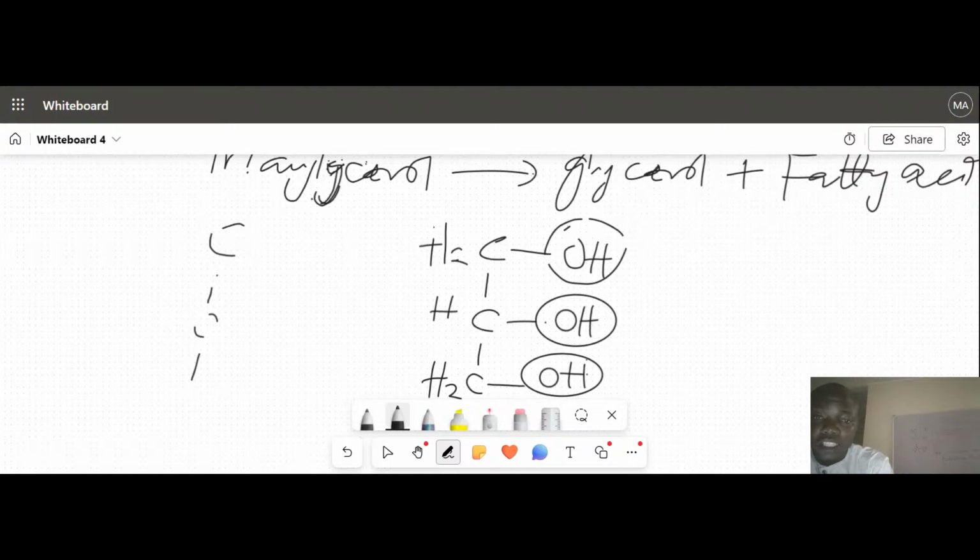And of course, the fatty acid has a functional group of RCOOH. This is the functional group of fatty acid, COOH.